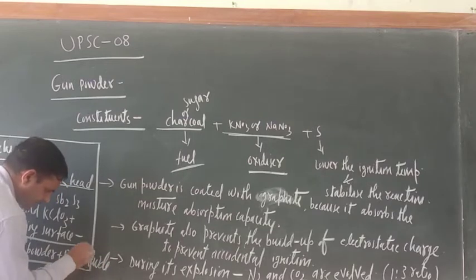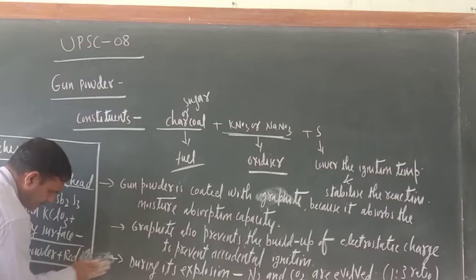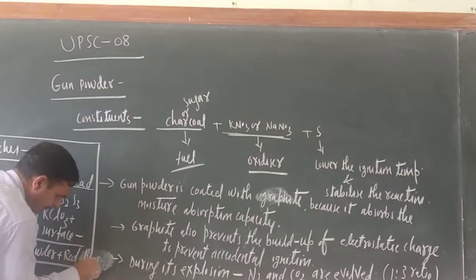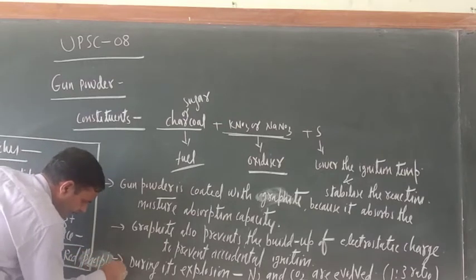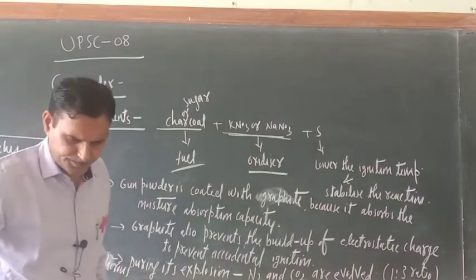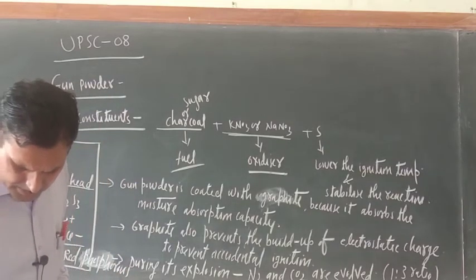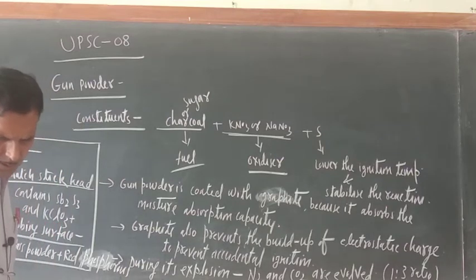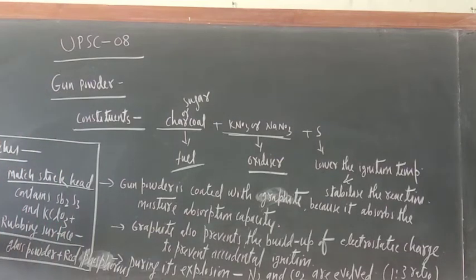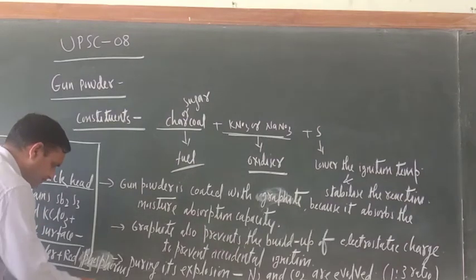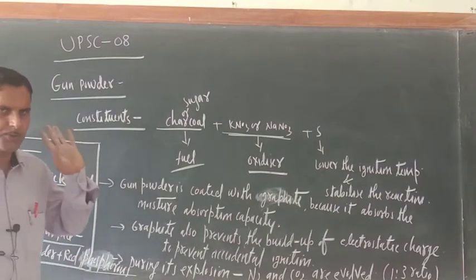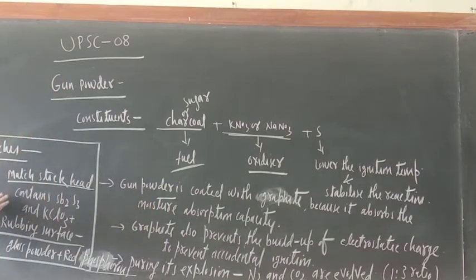Red phosphorus, okay. So try to understand. At the rubbing surface, glass powder and red phosphorus are used. So just remember these two things.